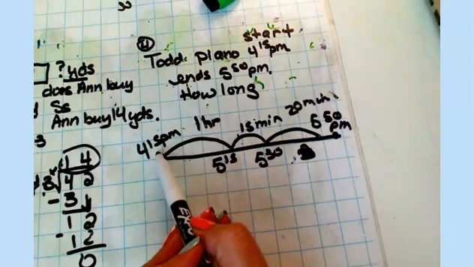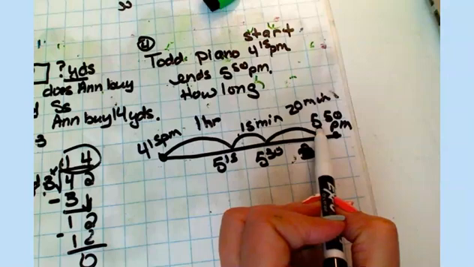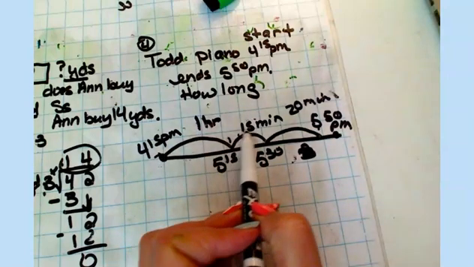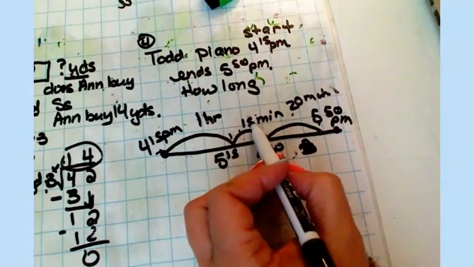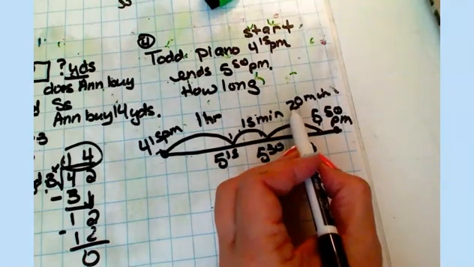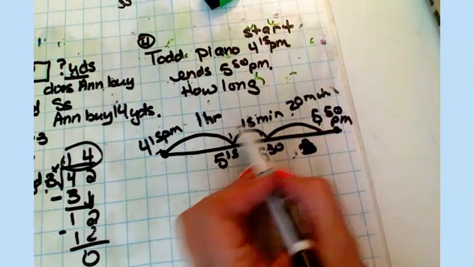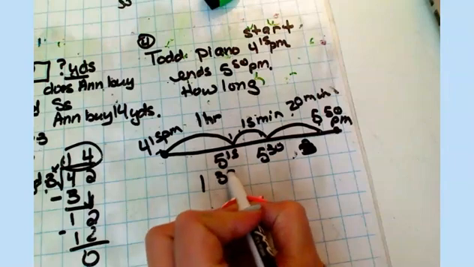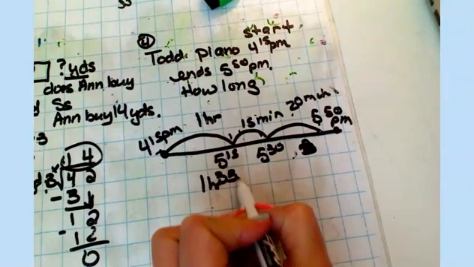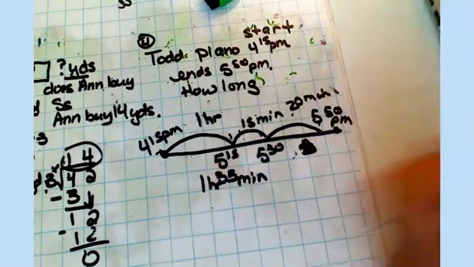So from 4:15 to 5:50, I went 1 hour, 15 minutes plus 20 minutes more. So what is 15 plus 20? 5 plus 0 is 5, 1 plus 2 is 3, so that's 35 minutes. So altogether, my total is 1 hour and 35 minutes. And that's how the number line helped me.